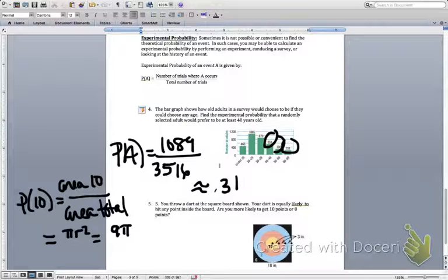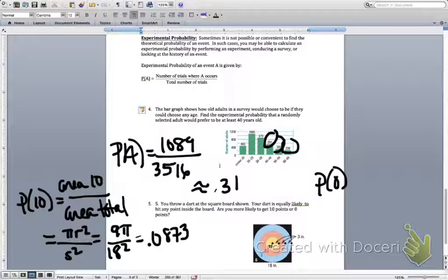The total area of the entire board, since it's a square, is going to be 18 by 18, a side squared. So it'll be 18 squared, and when I do that math, the probability of getting the 10-point circle is approximately 0.0873.